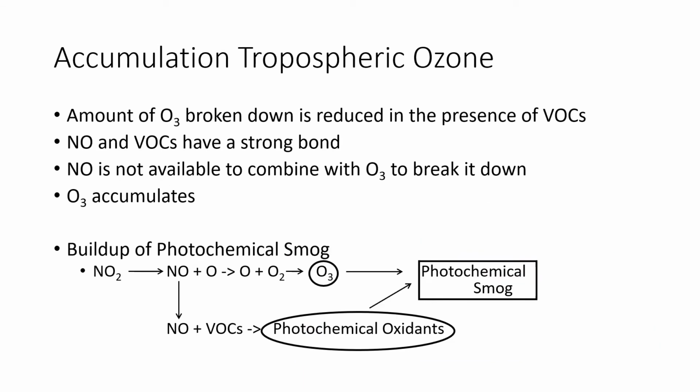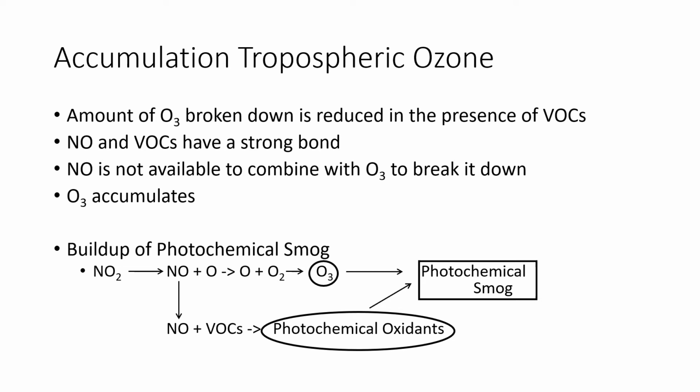The amount of ozone that gets broken down at night is actually reduced in the presence of VOCs, because the nitrogen oxide that the ozone needs to break down is more readily bonding with VOCs, so it's not available to break that tropospheric ozone down.